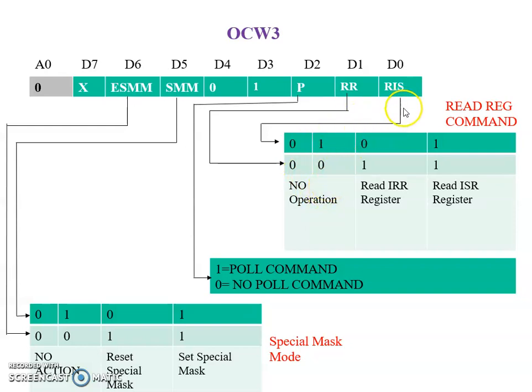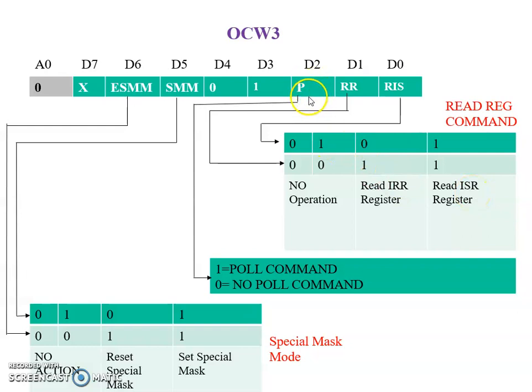But if RIS is 0 and RR is 1, it means we are reading the interrupt request register. And if RIS is 1 and RR is 1, it means we are reading the interrupt service register.